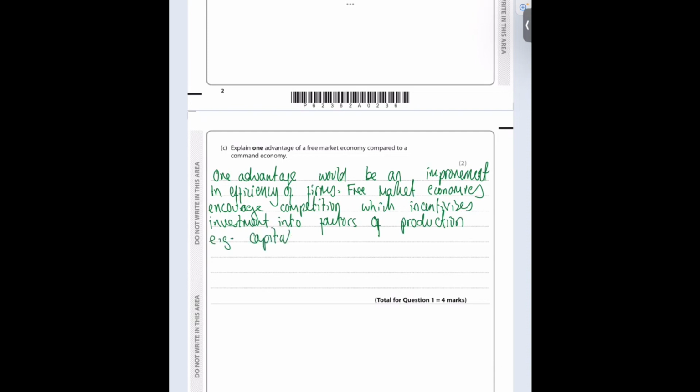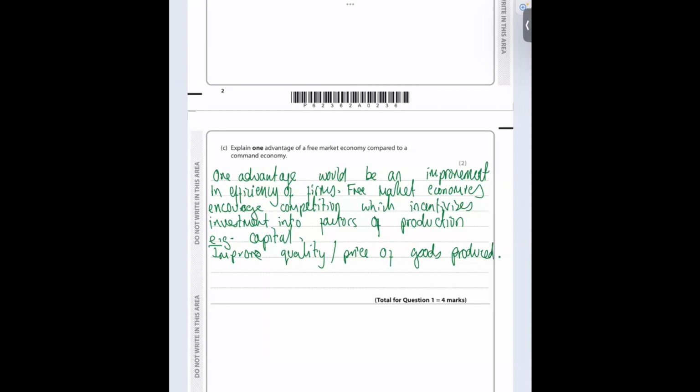And as a side note, it'll improve quality and price of goods produced. Potentially. We don't know that that is always the case, but the efficiency should be the case.